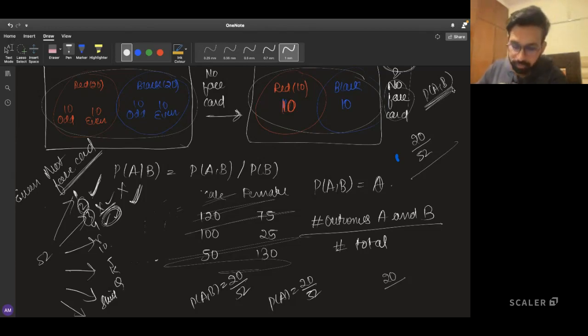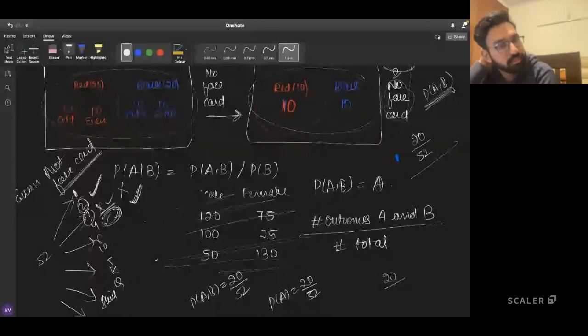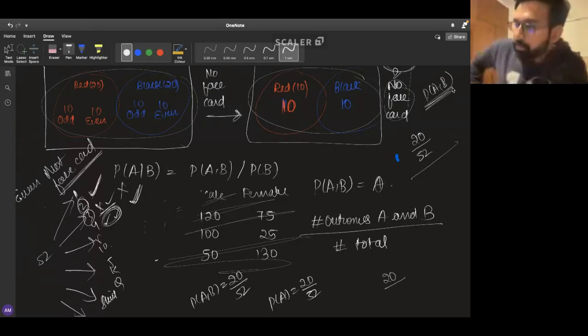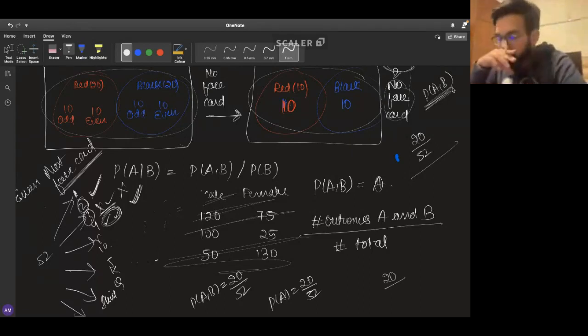So in this case, we are not just doing an intersection; we have a scenario where B is dependent on A. In this example, B by default is dependent on A, or B's sample space is by default A's sample space. So that's why it's almost 1.